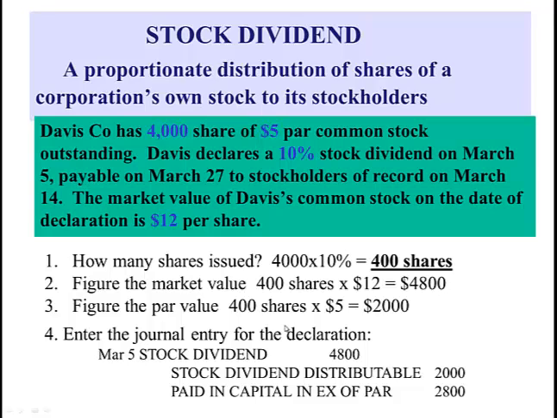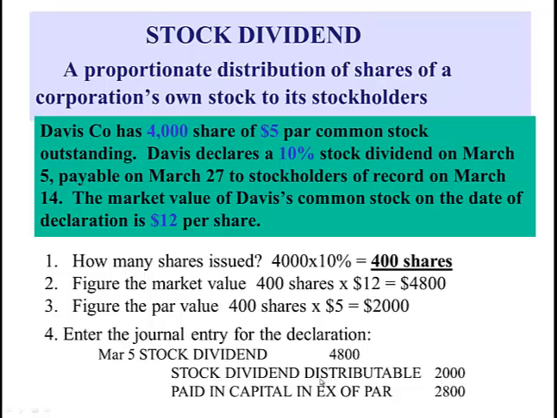So now it's time to journalize the declaration of the dividend, because the corporation is liable on the date of declaration. So instead of debiting cash dividends, we're going to debit stock dividends in this case for the market value. Then we're going to credit stock dividend distributable. This is kind of like our liability account.